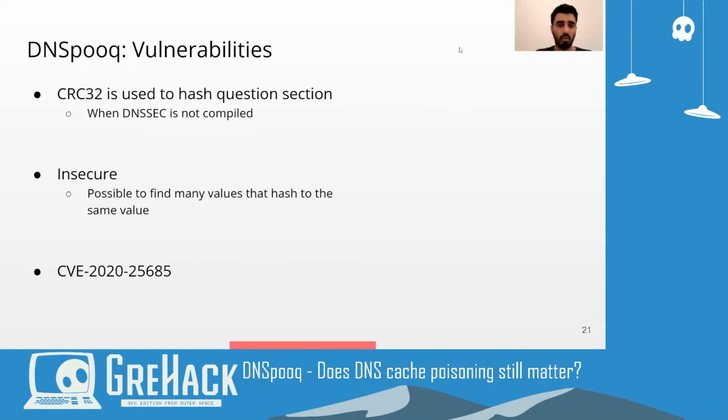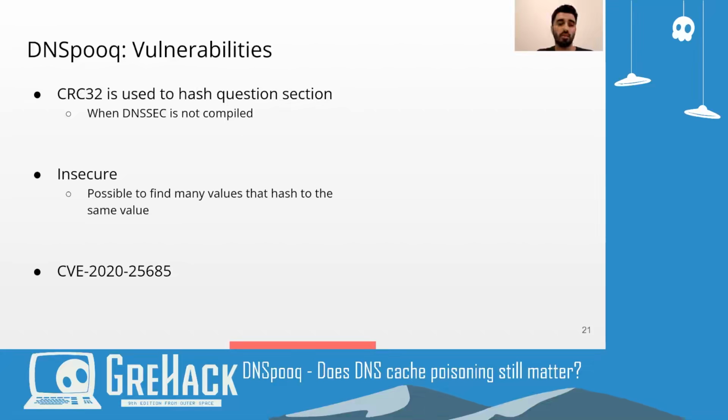Another issue that we found in DNSmask is regarding the question section hash. When DNSmask is not compiled with DNSSEC, it uses the CRC32 algorithm as a hash function for the question section. The problem with that is that CRC32 is not a cryptographically secure hash function.